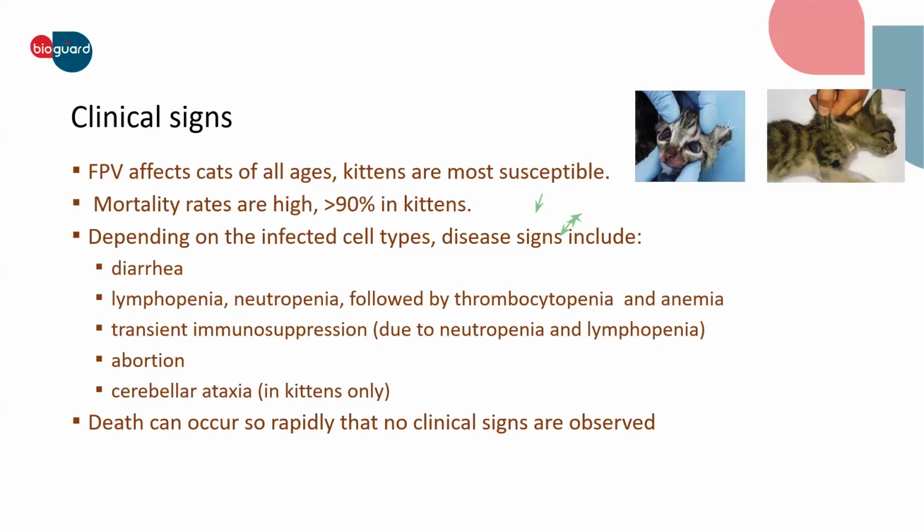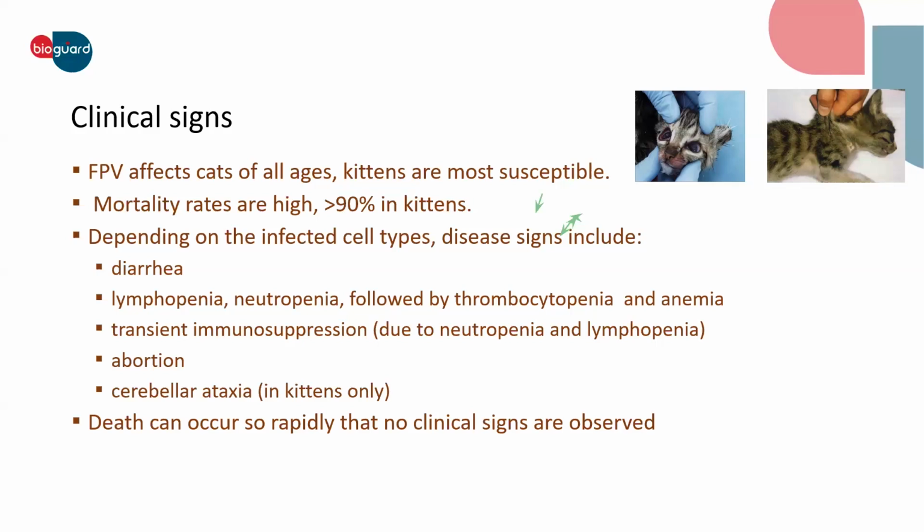Without proper and prompt treatment, more than 90% of kittens may die. And even with treatment, the mortality rate may still be between 30 and 50%.